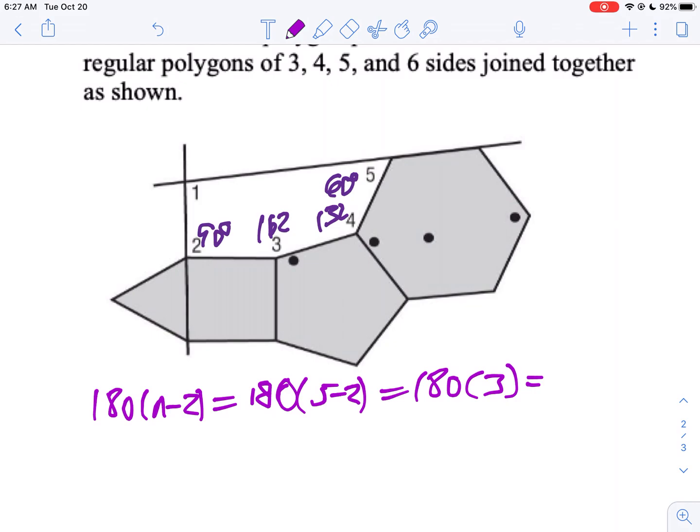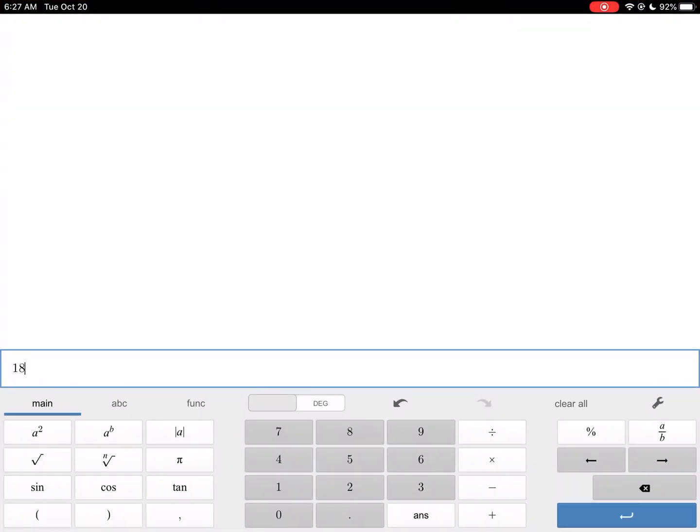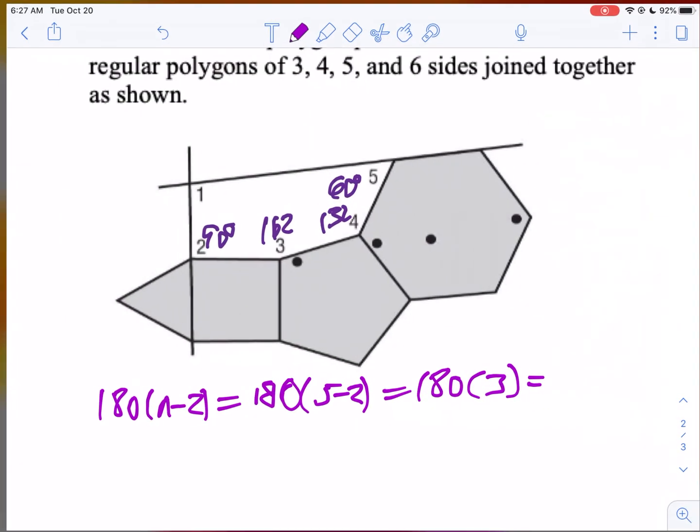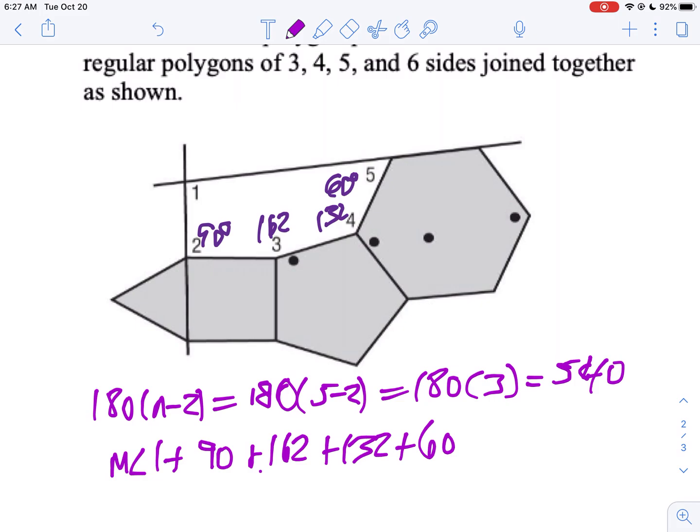Well, 180 times 3 is 540. So we have 540 degrees total. So now we're going to add them up. We're going to say the measure of angle 1 plus 90 plus 162 plus 132 plus 60 equals 540.